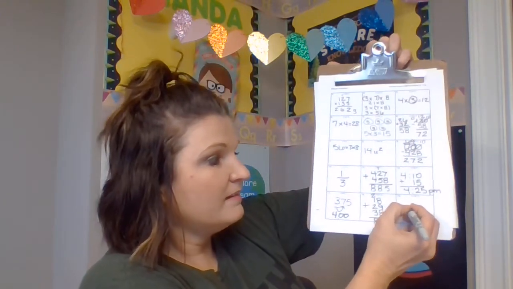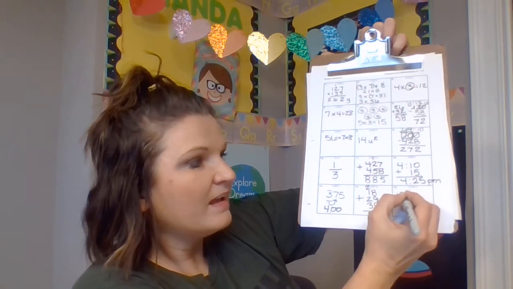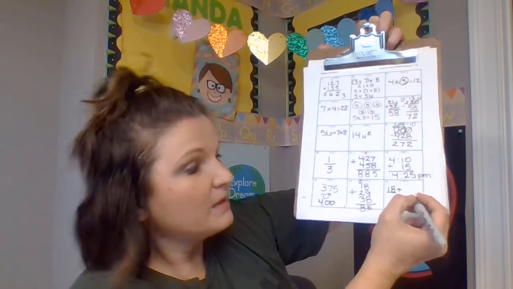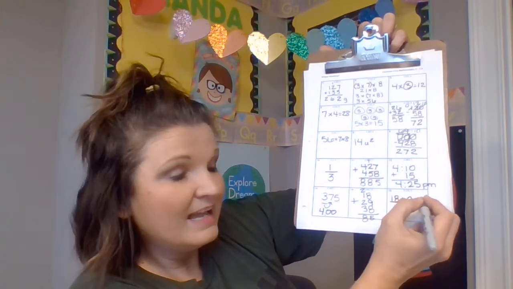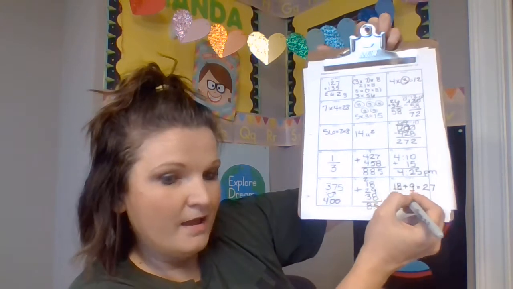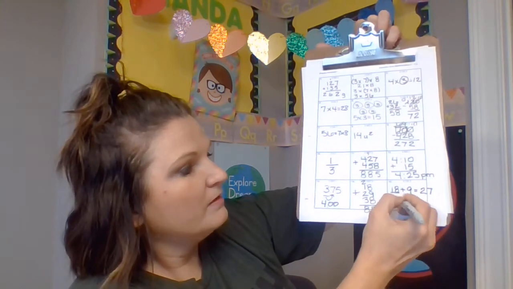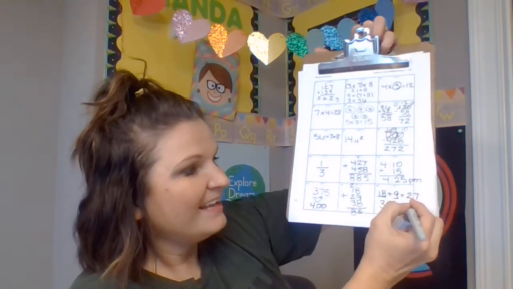Well, 3 times 6 is 18. And then I'm going to add that 3 times 3 is 9. And 18 plus 9 is 27. My original problem was 3 times 9. And 3 times 9, 9, 18, 27 is 27.